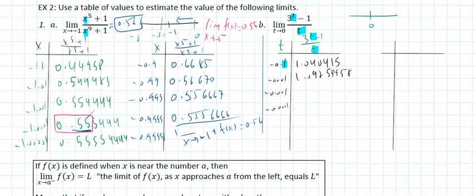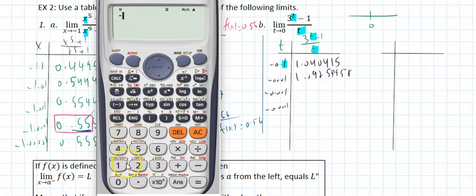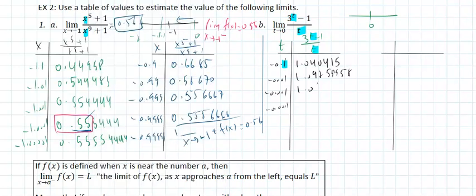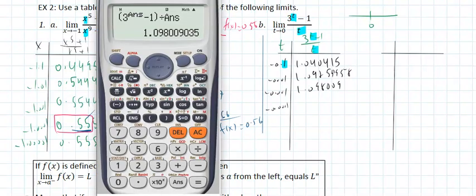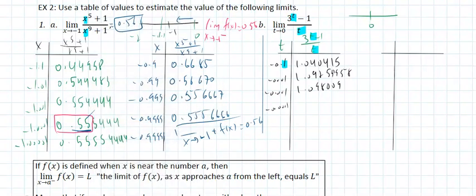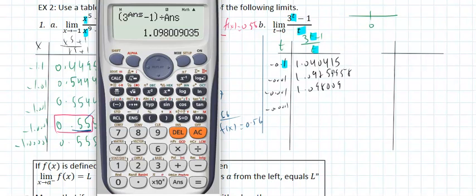Okay, I got it locked to 1, that's good. What if I go for a negative 0.0001? What would happen now? 1.098, 1.098009. Okay. Good news. I locked it at 2 decimals, maybe one more.